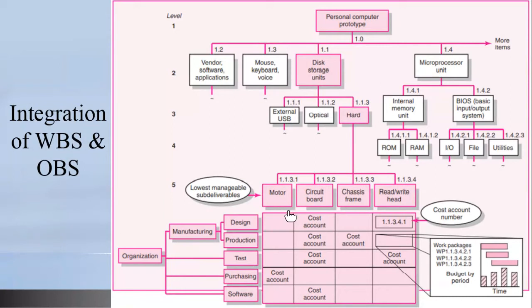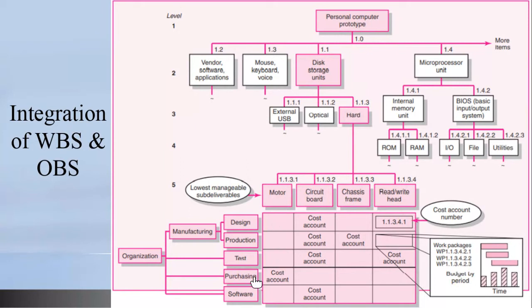For the motor, remember the motor had only one work package, and the assumption we made at that time is that they are going to buy the motor. They are not going to build one within the organization, because they are set up to build computers, not to build motors.